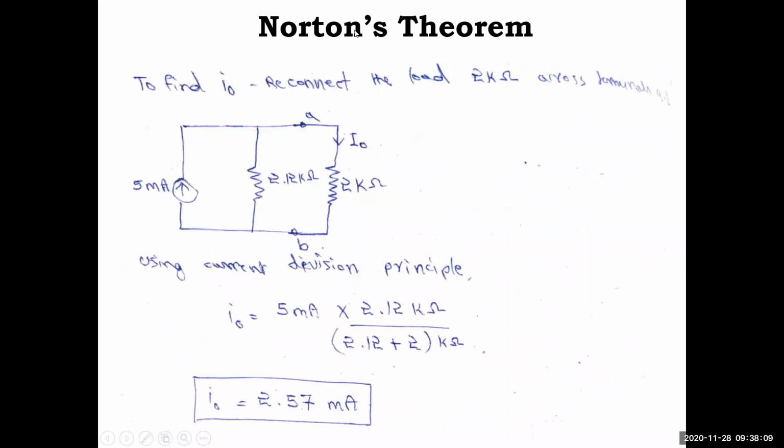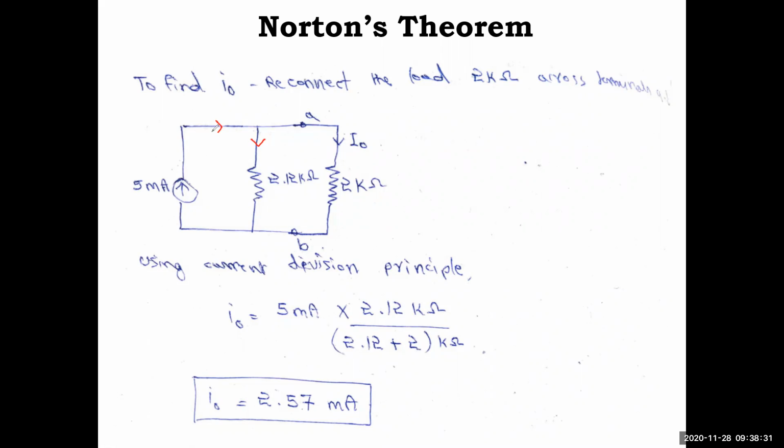To find I naught, we'll reconnect the 2 kilo ohm load. Now if you see, this is the total current coming over here, and it is split among the branches. We are not interested in finding this branch current; we are interested in this current. That's why we have to apply the current division rule.